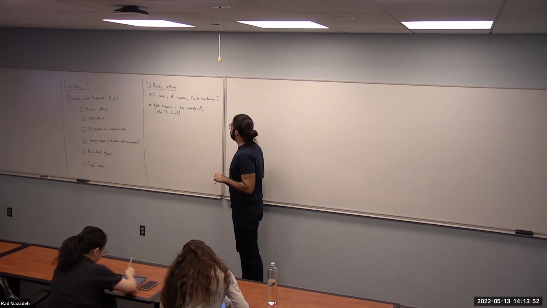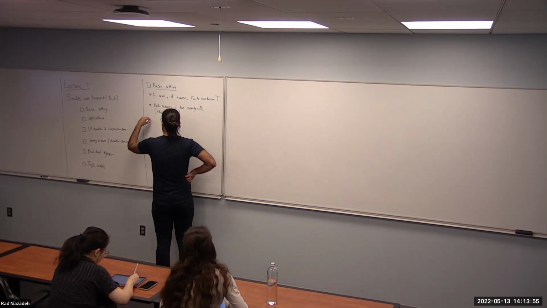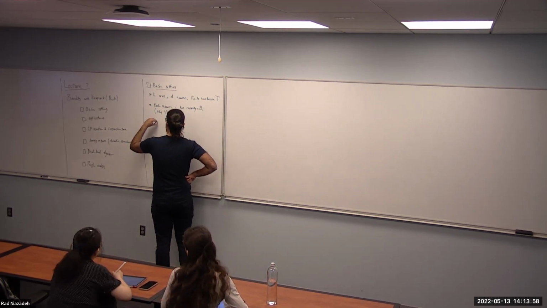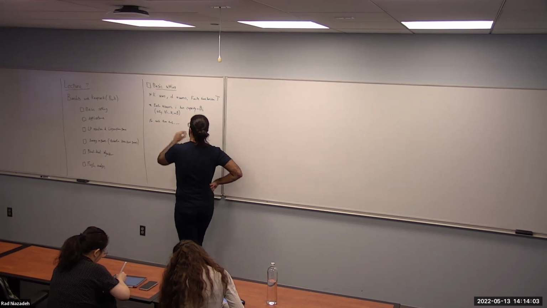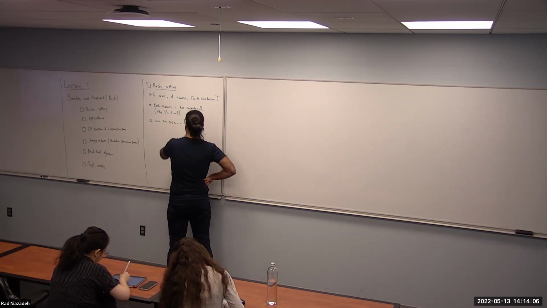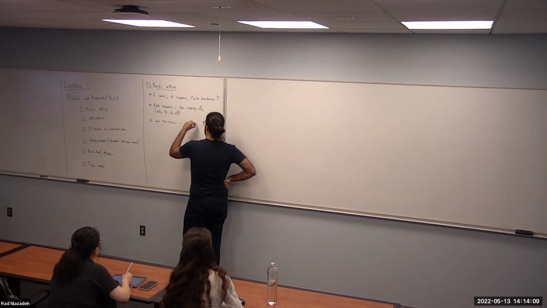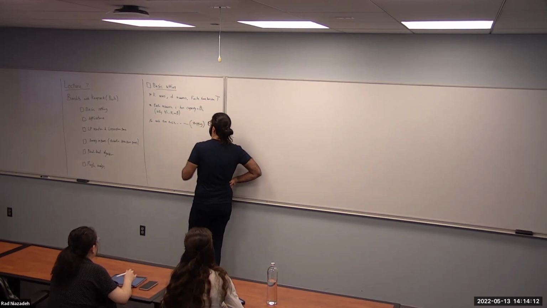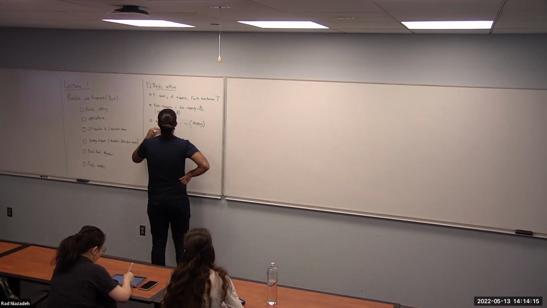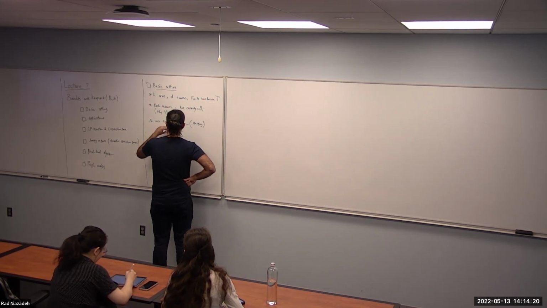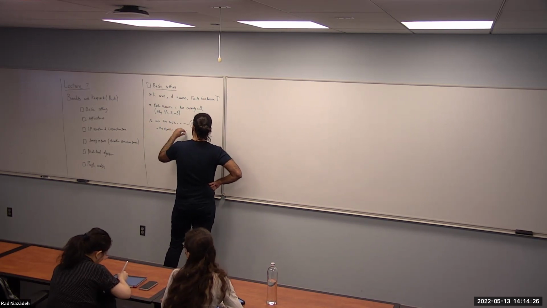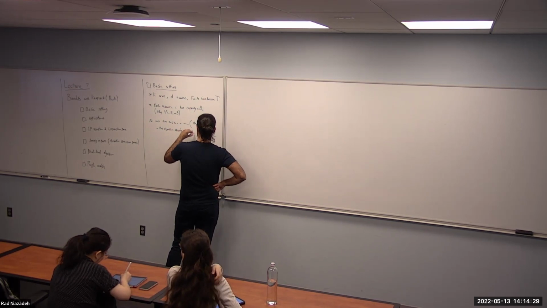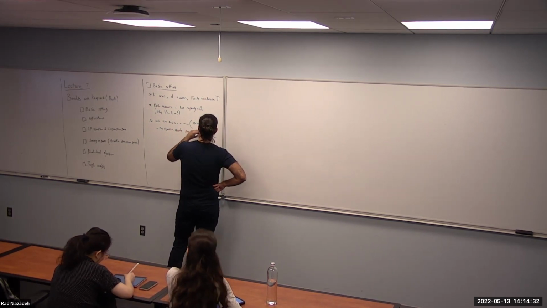For each time t equal to 1 all the way to stopping, I'm going to tell you when we stop, the algorithm selects an arm denoted by a_t, so it's going to be one of the numbers 1 to k.